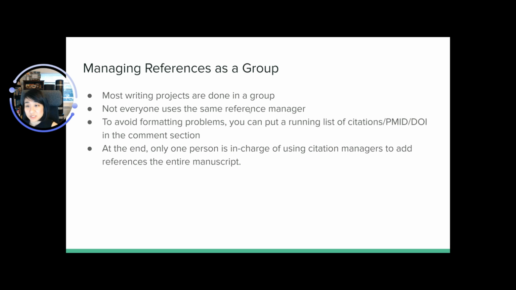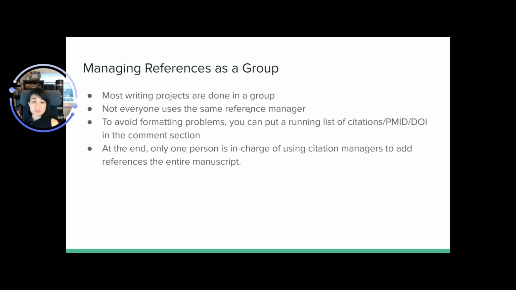If one person uses EndNote and another person uses Mendeley, you're going to have formatting problems. To avoid that, usually you only assign one person who will be in charge of using the citation manager. I typically let the first author do it because they are the one who will wrap everything up. And so how do you manage that in between?